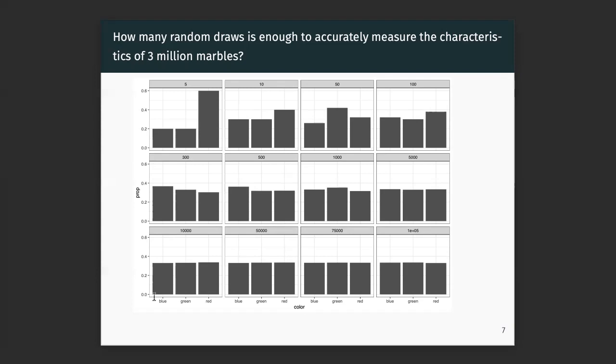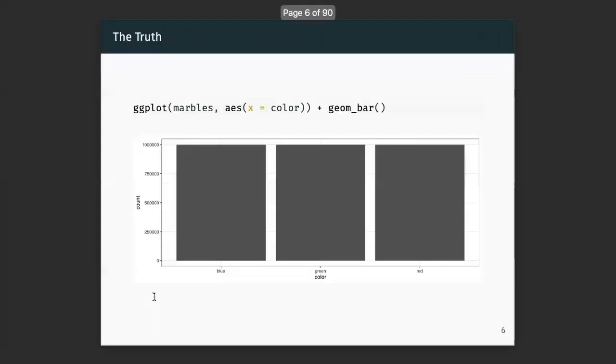A simple random sample means that each marble has an equal probability of being drawn from the bag. And what's the probability of drawing one marble from the bag in this case? How many total marbles do we have? 3 million. So the probability of one marble getting drawn is 1 over 3 million.